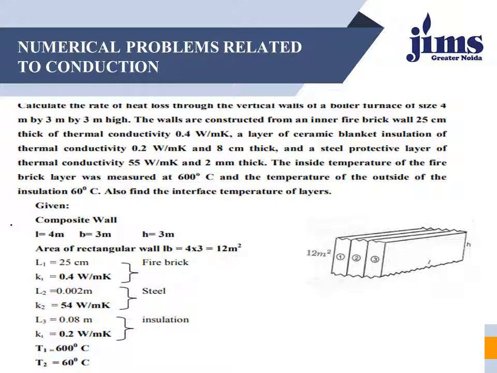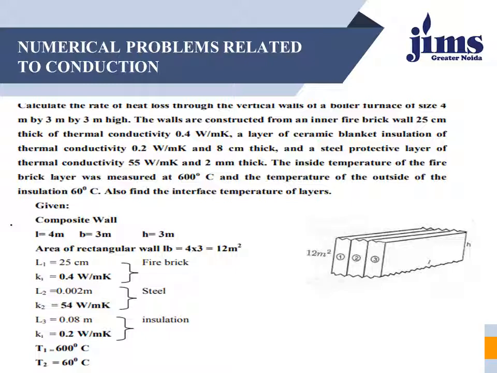The walls are constructed from an inner fire brick wall 25 centimeter thick of thermal conductivity 0.4 watt per meter Kelvin, a layer of ceramic blanket insulation of thermal conductivity 0.2 watt per meter Kelvin and 8 centimeter thick, and a steel protective layer of thermal conductivity 55 watt per meter Kelvin and 2 millimeter thick.